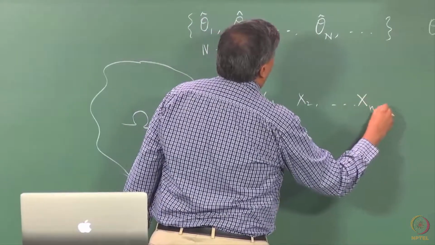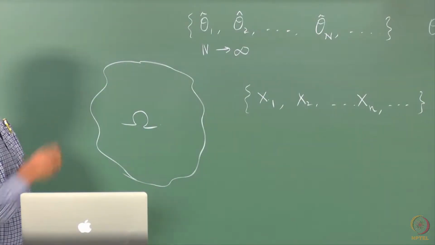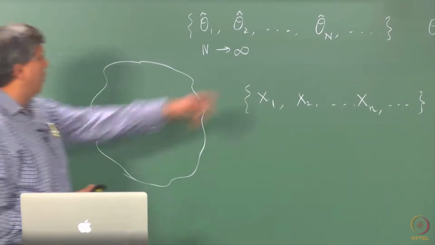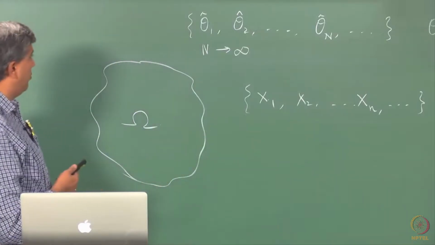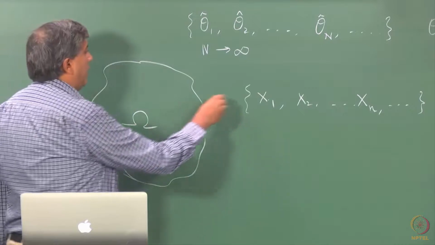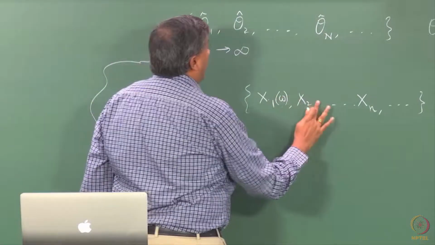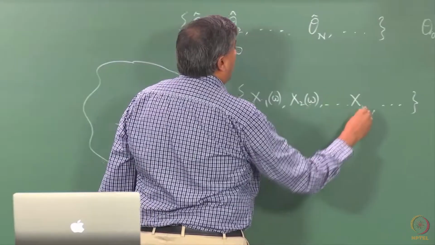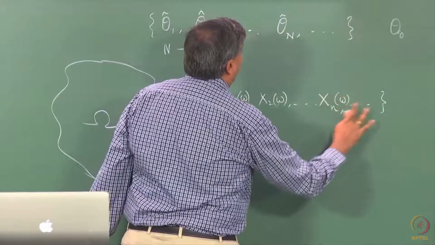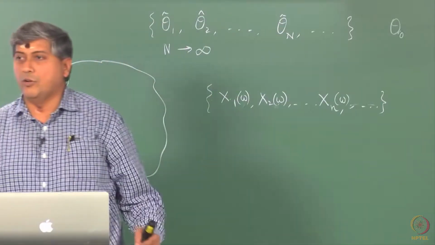Of course, we have used lowercase n in the theory of convergence, but you should not get confused, both mean the same to us here. Each point in this sample space generates one sequence, so you can index it by omega. Unfortunately, this omega notation coincides with frequency, but you have to observe a distinction here. I am just using the conventional notation.